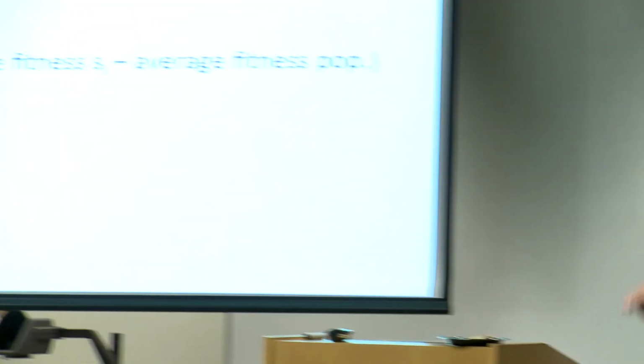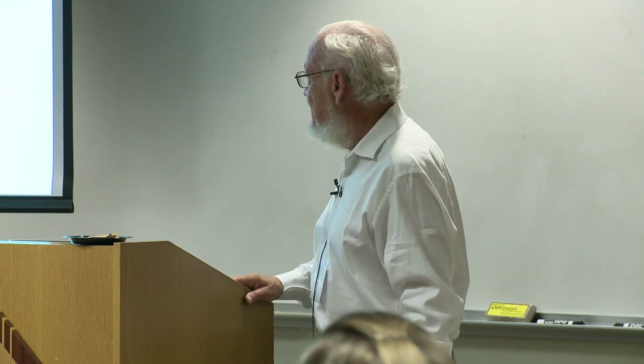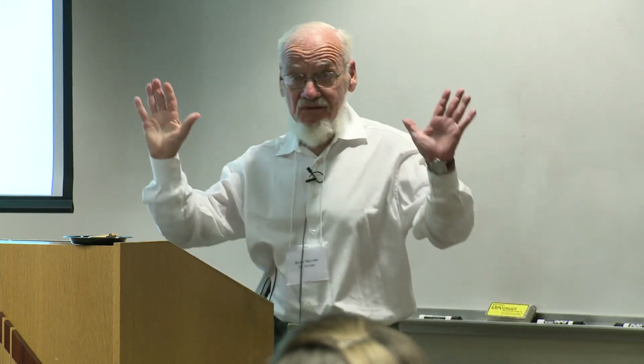Here's the replicator dynamics. The x sub i is the proportion of the population playing strategy i. And so the time derivative of that is x sub i times the average fitness of that strategy minus the average fitness of the population. Okay, so that's the replicator dynamics.